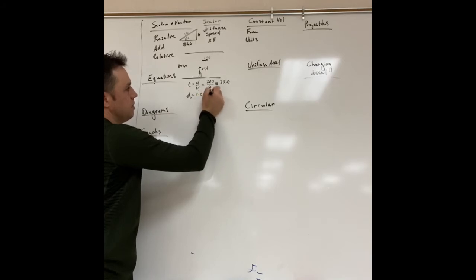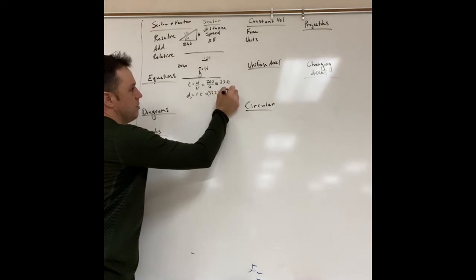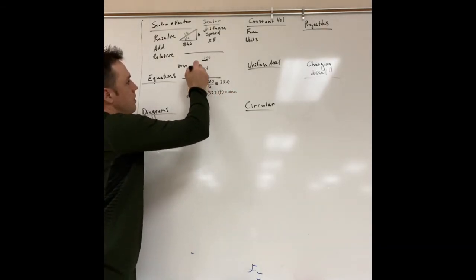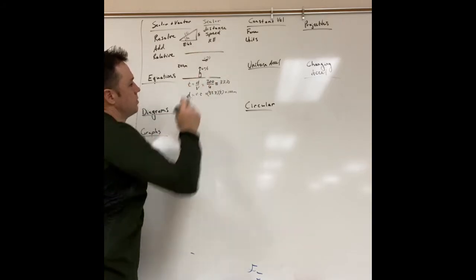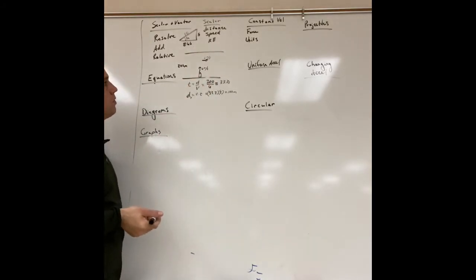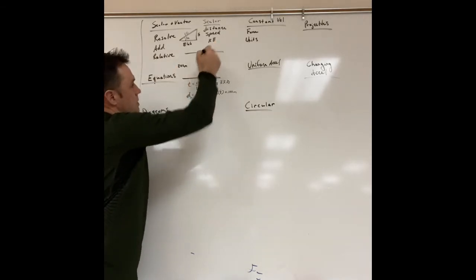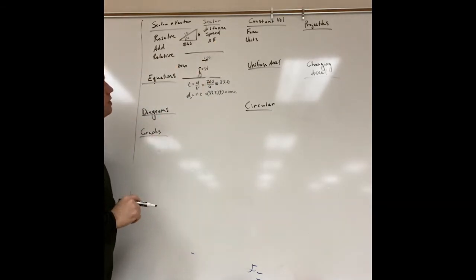So 33.3 times 3, you're going to end up 100 meters downstream. So you went 200 meters across, 100 meters downstream. Total, you went the square root of 200 squared plus 100 squared, really, is your travel distance.